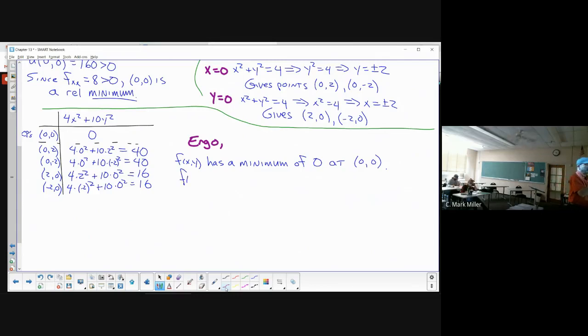F of x y has a maximum of 40 at those 2 points, 0, 2 and 0, minus 2.